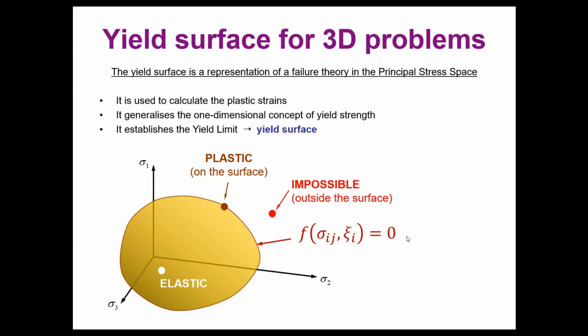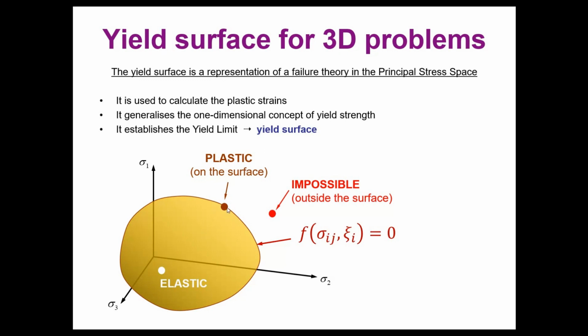And this mathematical condition is this equation you see here. So the equation that defines this surface in the space of the principal stresses, and subjected to certain parameters that will be the parameters for the hardening or softening, so for the expansion or contraction of this surface, is equal to 0. So this is the mathematical condition to say we are going to be able to be inside the region defined by the yield surface, having elastic regime, elastic behavior.